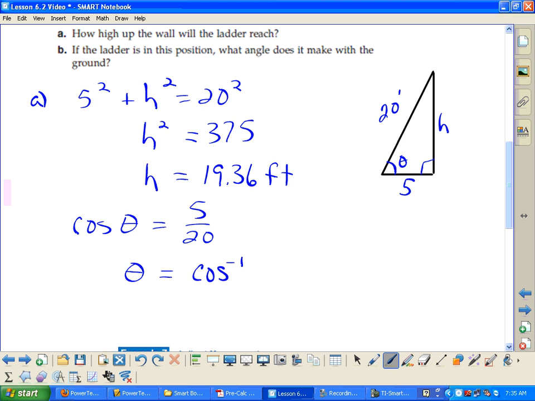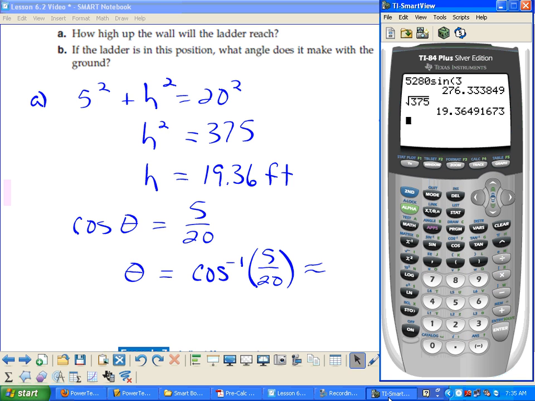Whenever we're trying to find a ratio, we do sine, cosine, or tangent. Whenever we're trying to find the angle, we're going to do the inverse cosine of that ratio. So this angle is approximately, we do inverse cosine of 5 divided by 20, or you could use 1/4, and that's approximately 75.52 degrees.